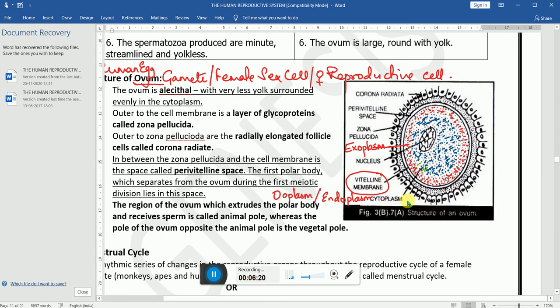So the part of this endoplasm towards the periphery makes up what we call the formative yolk. You can just write it over here.